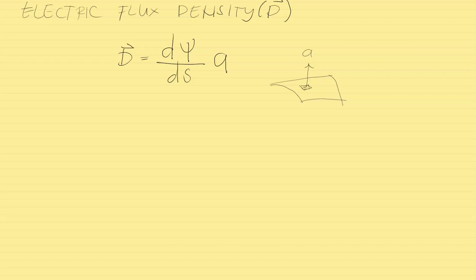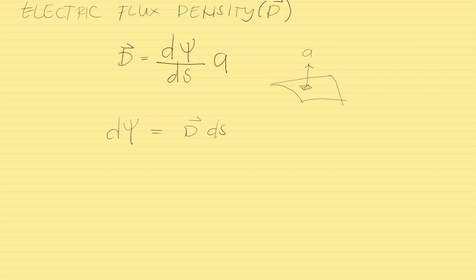So we know that the electric flux density is just the ratio of the electric flux and the surface area. If we solve for the electric flux, d psi will be equal to D, a vector, times ds. And remember, we said that ds can also be a vector.